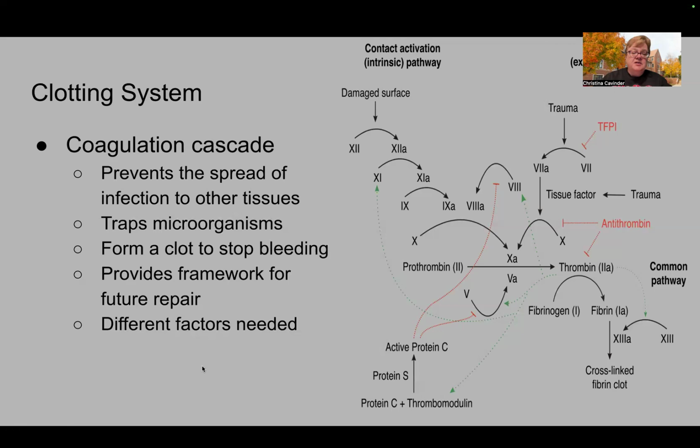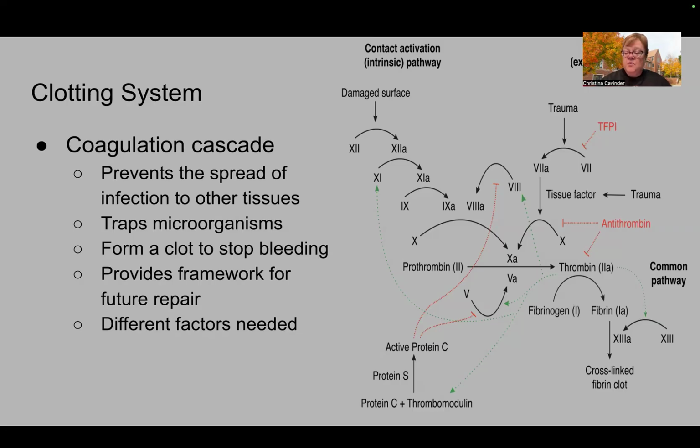So we've talked about the coag cascade or the clotting cascade. Again, you don't have to memorize all of this. You can just kind of see again how we get basically a clot to form. And because of this, it prevents the spread of infection to other tissues.